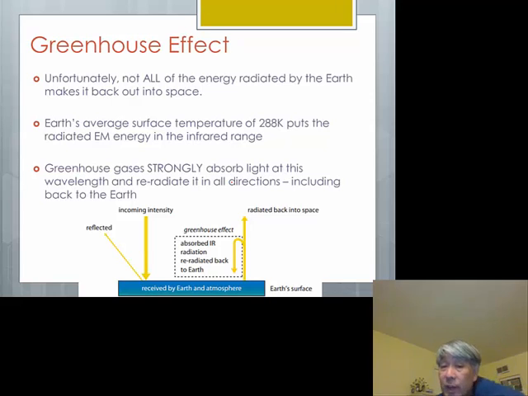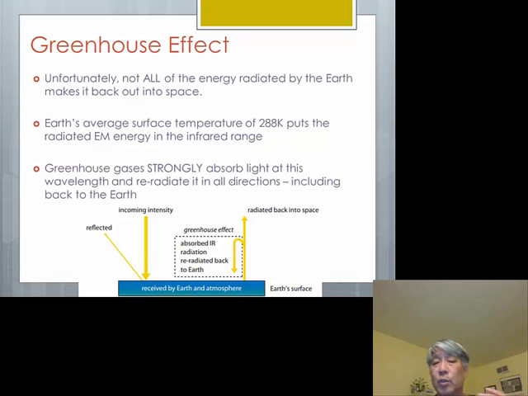Our average temperature right now is about 15 degrees Celsius, which puts our radiated energy in the infrared range. The way greenhouse gases work is they absorb light at that wavelength, in the infrared range. They absorb it for a short amount of time, and then they re-emit that energy, but they re-emit it in all directions.